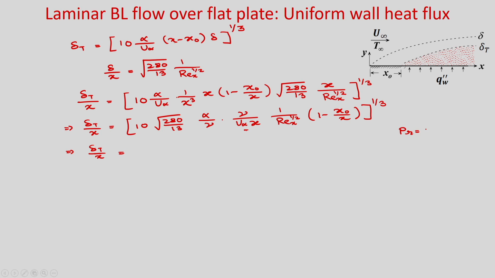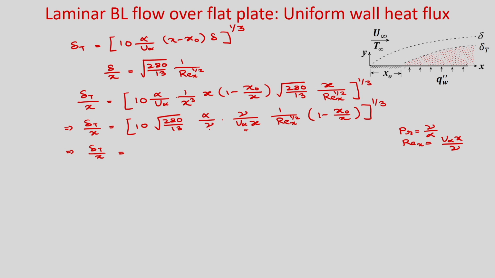Okay. So, you have Prandtl number is nu by alpha, and Re_x is your u infinity x by nu. So, you will get here 1 by Prandtl number, here you will get 1 by Re_x, and Re_x to the power half you have.